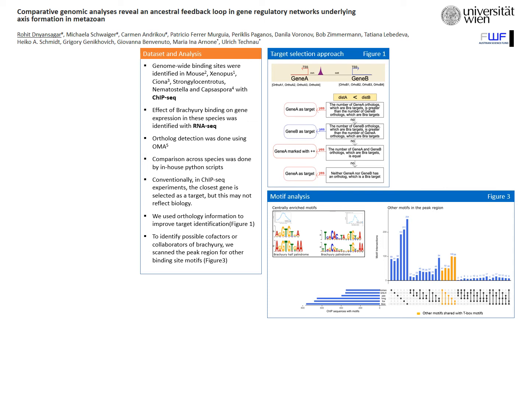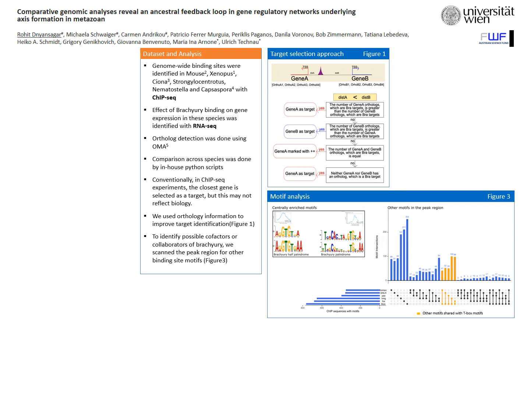The effect of brachyury binding was studied with knockdown or knockout experiments with RNA-seq. We made a few changes in the canonical approach to ChIP-seq analysis. First, normally the closest gene to a brachyury or transcription factor binding site is considered the target of transcription factor binding.